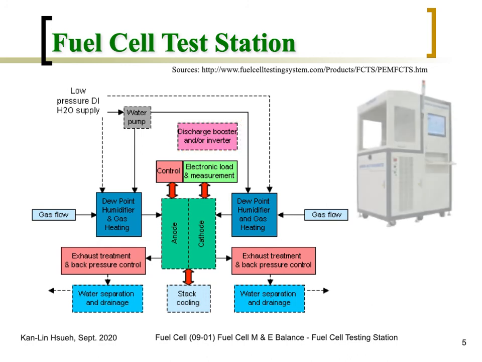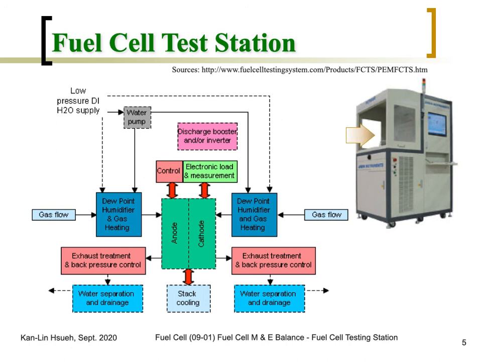This is a typical, not typical, really big test station from a Hydrogenics company based in Canada. Over here, the cabinet is where the cell stack is placed, and with this monitor you can set all the control parameters, and all the control mechanisms are underneath the cabinet.